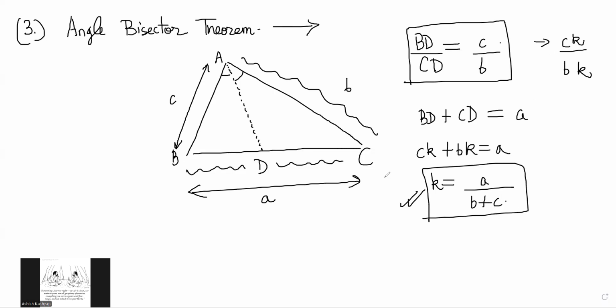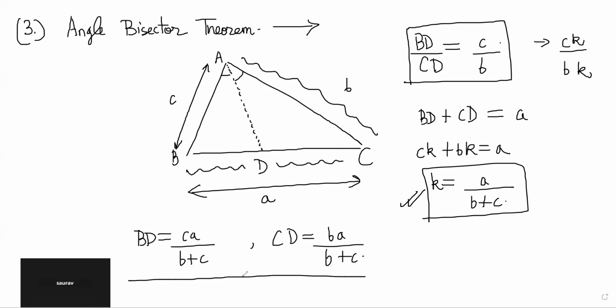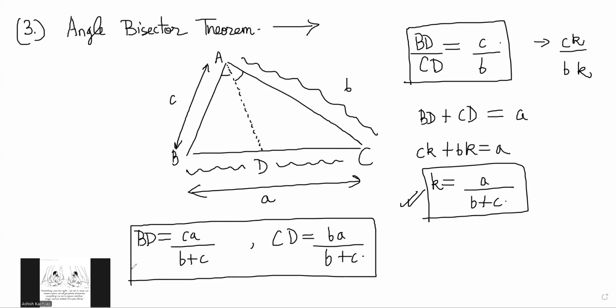Once we get the k value, we can actually find BD. BD is basically ca by (b plus c), and CD is actually ba by (b plus c). Is everyone understanding what I have done? Yes. The angle bisector theorem gives us a ratio, but we can use that ratio to find the actual lengths, right?